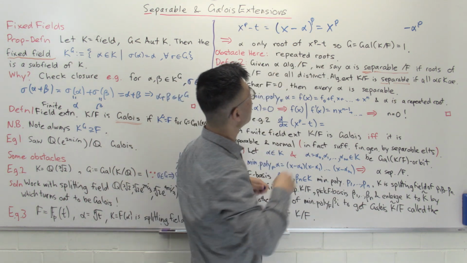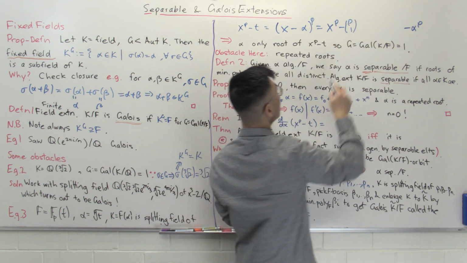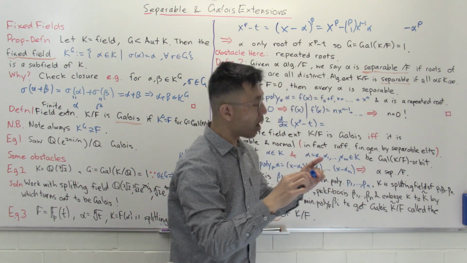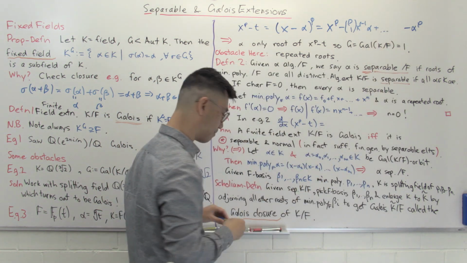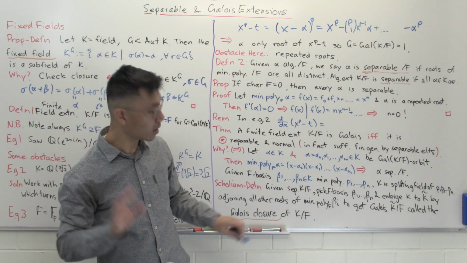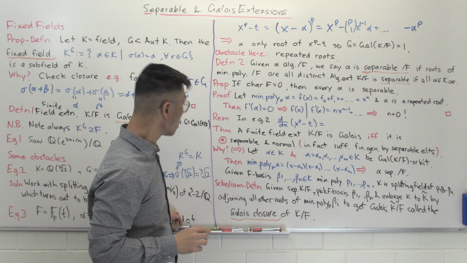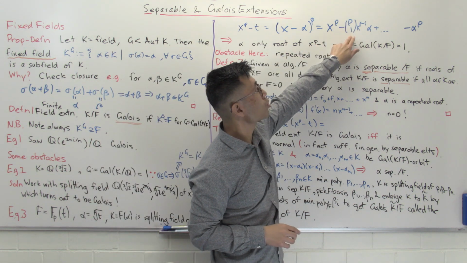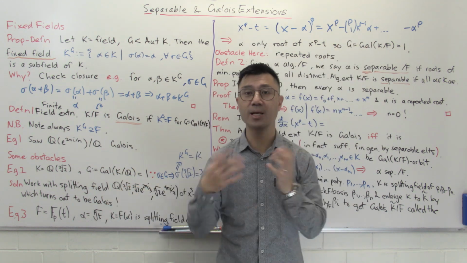The next term here will be a minus p choose 1 x to the p minus 1 alpha, and then you'll have terms like that. Let's see what's going on here. This is rather interesting. What is this p choose 1? In this case, it's just p. And we're working in characteristic p, so that's 0.